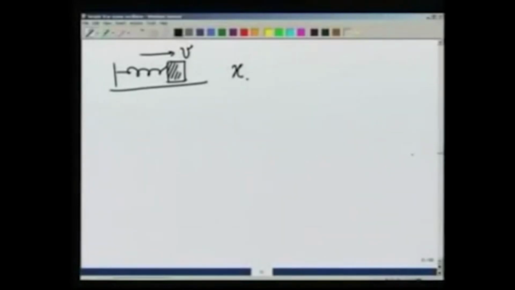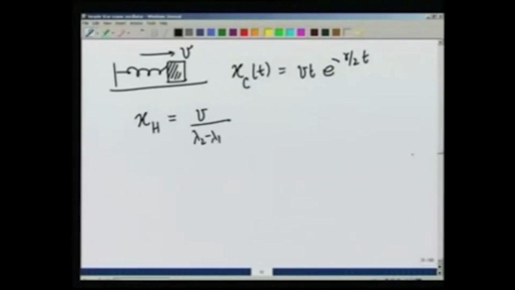I have already seen that critical solution is V t e raised to minus gamma over 2 t, and heavily damped solution, let me write x heavy, is equal to V over lambda 2 minus lambda 1 times e raised to minus lambda 1 t minus e raised to minus lambda 2 t.